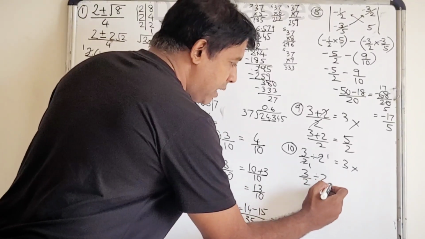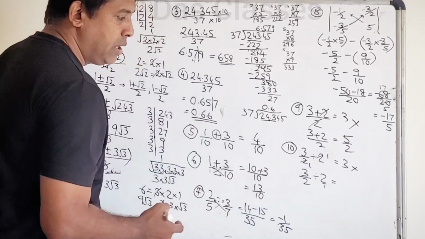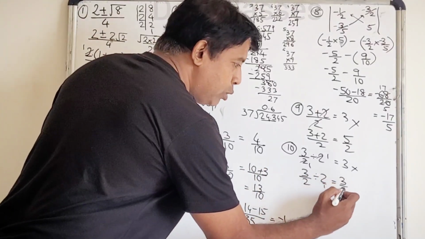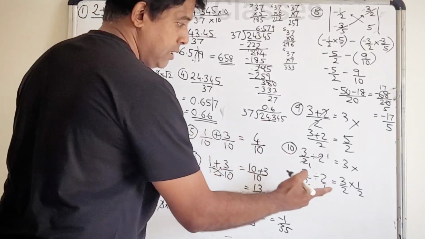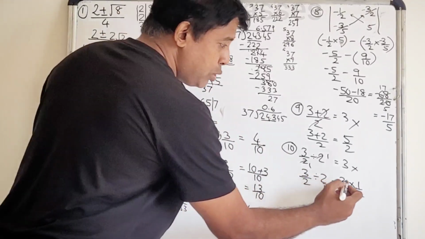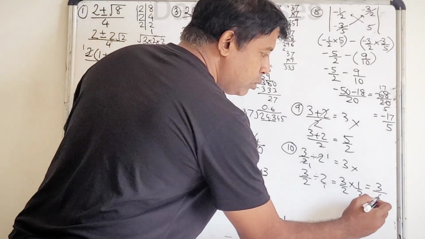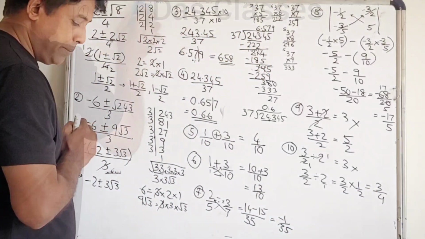So how do you make it a multiplication? There's nothing written, so in the denominator, there's a 1. So it's 3 upon 2 into 1 upon 2. Now, this is an example of multiplication, not a division, not addition, subtraction. So you just multiply. 3 1s are 3, 2 2s are 4. So the answer is going to be 3 upon 4.